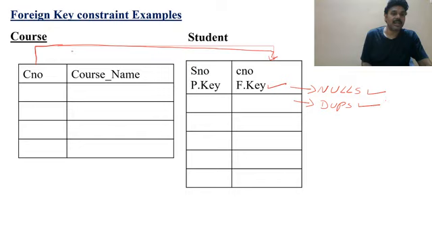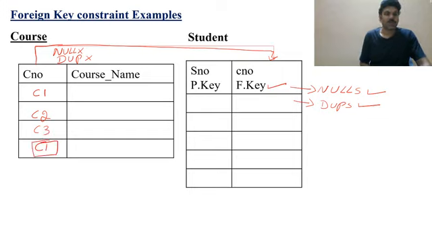As far as the primary key is concerned, nulls are not possible, as well as duplicates are not possible. Now you see, let me fill the values. C1 valid, C2 valid, C3 valid, C1 not possible. Why? Because duplicates are not possible.